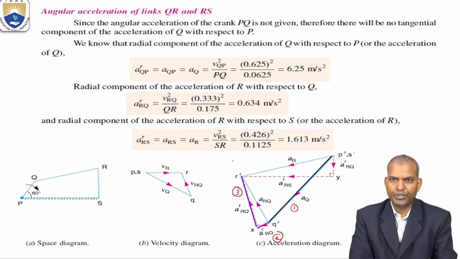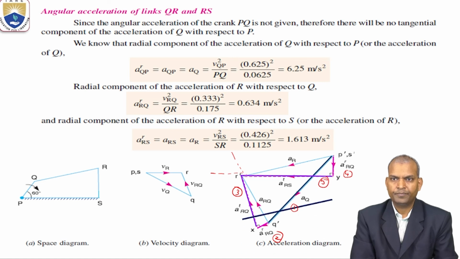For this ATRQ we don't know the magnitude, we know only the direction. The fourth step is ARRQ. These are the known values. Fifth step, this is unknown magnitude but direction we know.